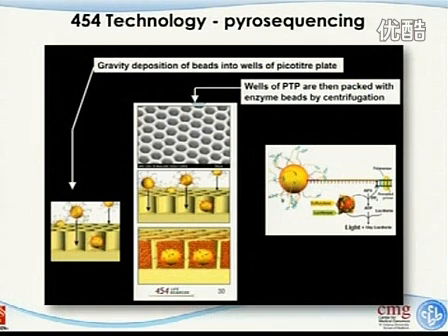Again, I'm not trying to get into the biochemistry, but the 454 technology has a really good feature: the length of the reads is really, really long. For Illumina, it goes to 100 base pairs, and for SOLiD, it's 75 base pairs. But for 454, it's 400 base pairs so far.